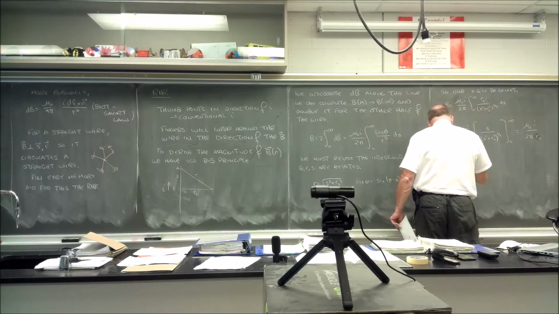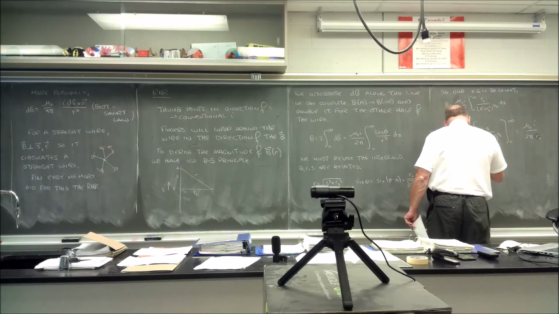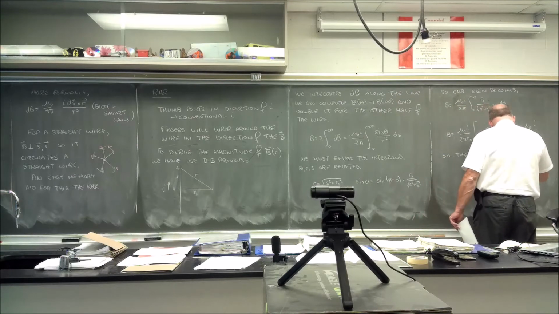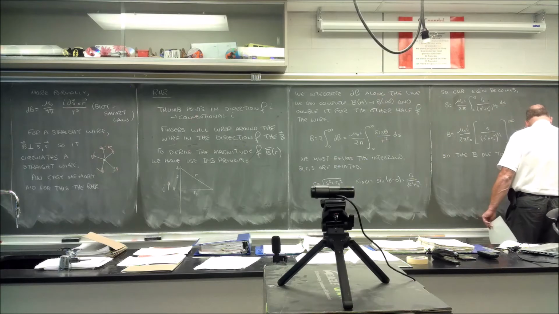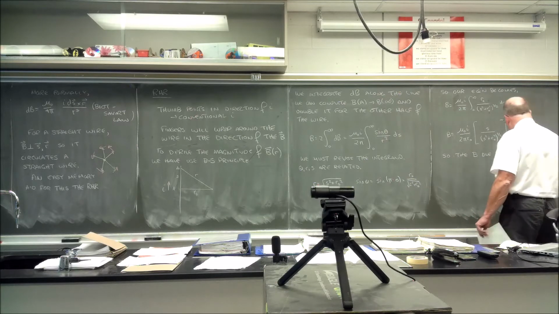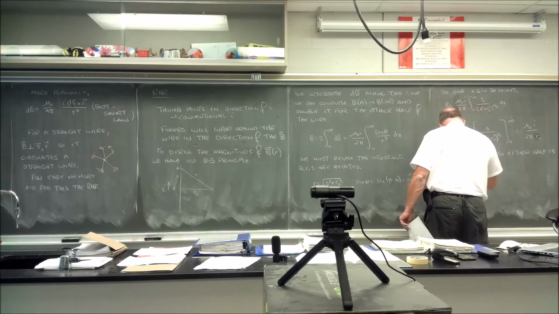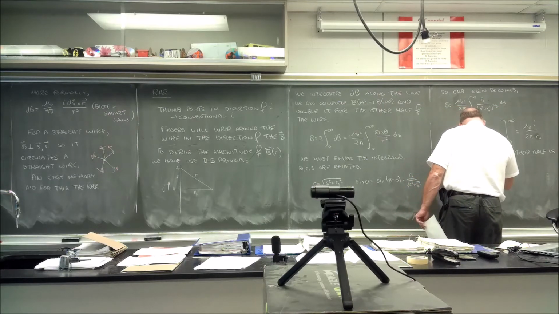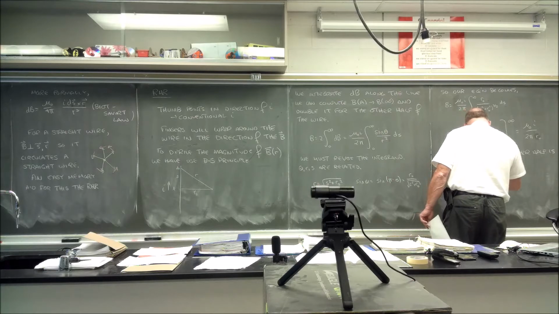So the magnetic field due to either half would be, of course, trivially, B field for a half would be mu naught I over 4 pi R naught.